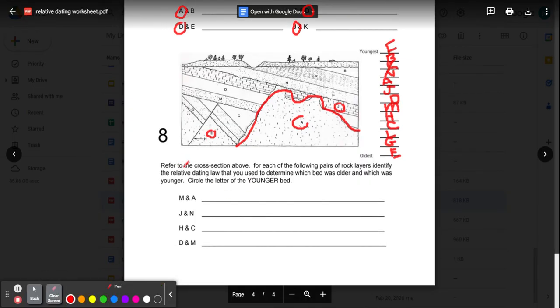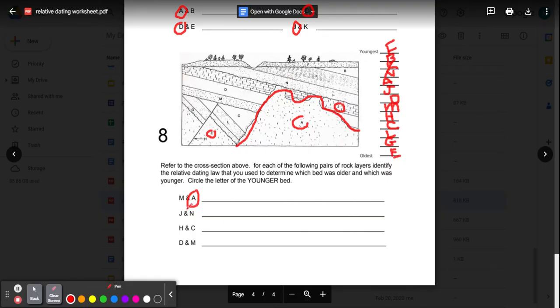So refer to the cross section above. For each of the following pairs of rock layers, identify the relative dating law that you use to determine which bed was older and which was younger. Circle the letter of the younger bed. So now we're doing the younger bed. So M, where's M? And A would be younger, right? Because A is an intrusion. J, where's J?